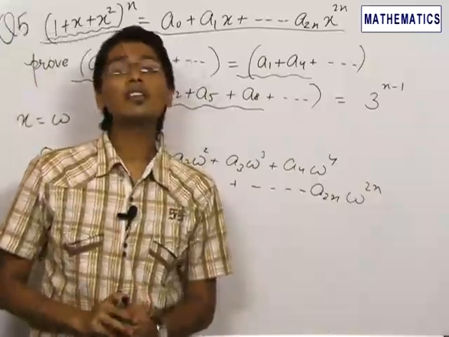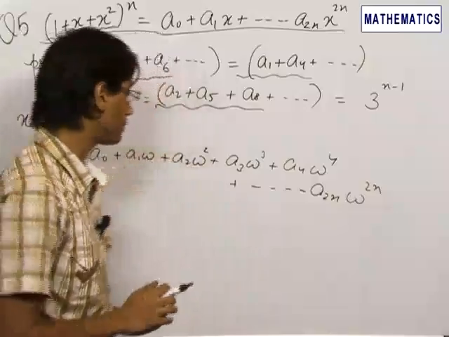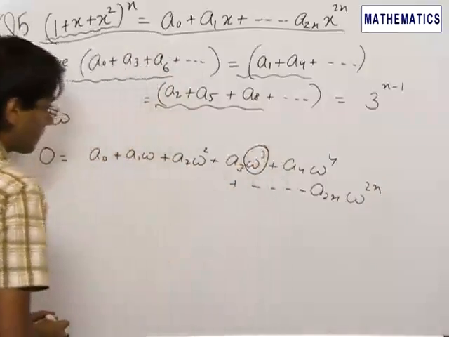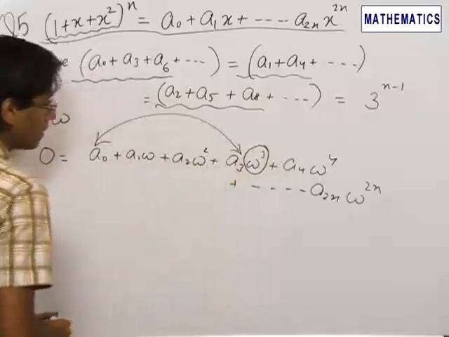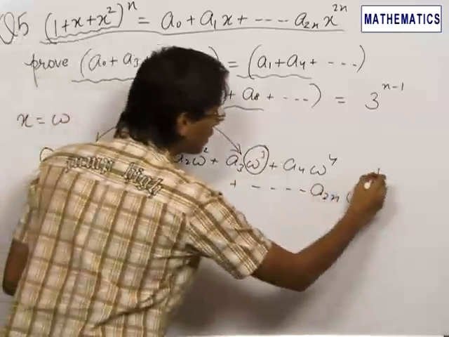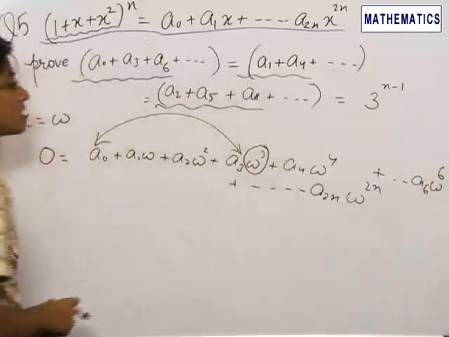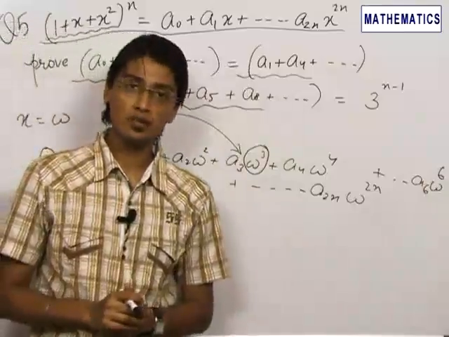And we know that we can create the terms with a gap of 3 if we put x equals omega, because omega cube is equal to 1. So we get a0 plus a3. Again we will have a term a6 omega^6, and omega^6 is again equal to 1, because omega raised to the power any multiple of 3 is 1.